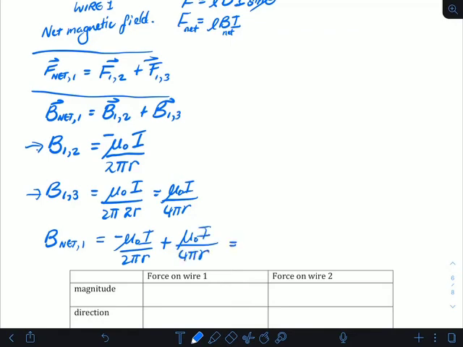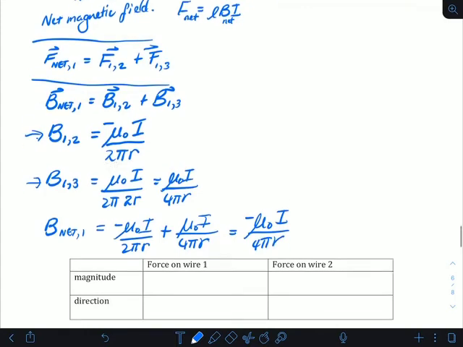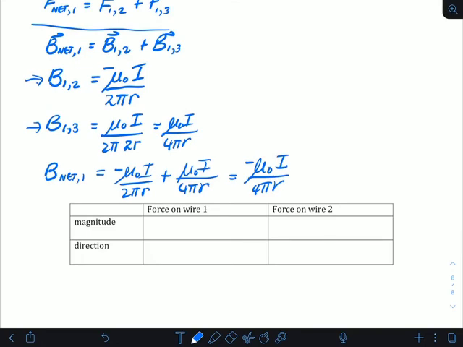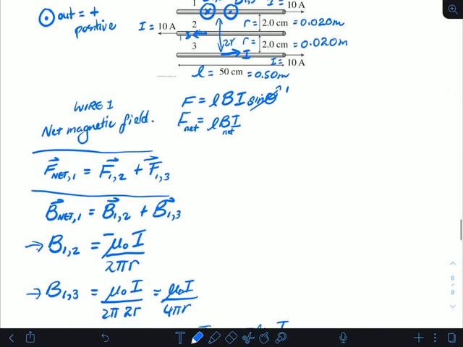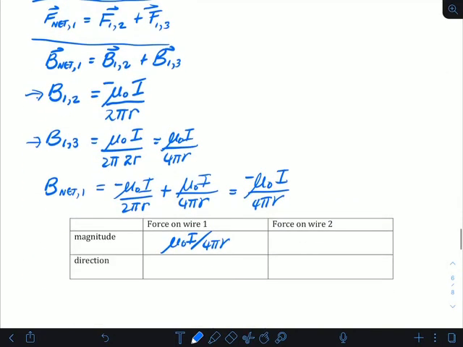If I simplify that, I end up with minus mu naught I over 4 pi r. So the magnitude of that field is mu naught I over 4 pi r, and the direction is in the negative, so it's going to be into the page.